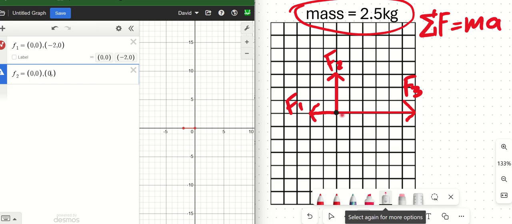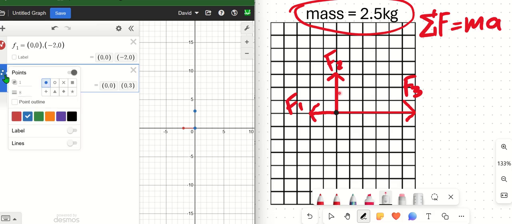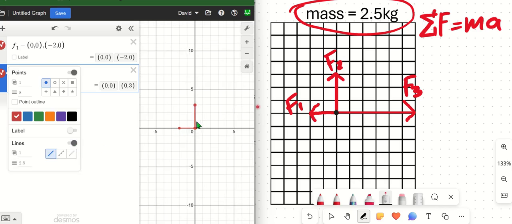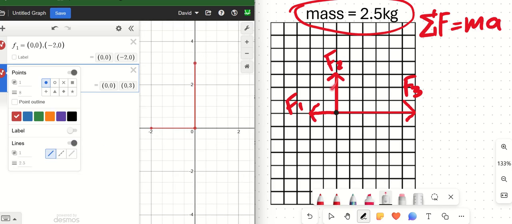And for its y component, we have 1, 2, 3 boxes. It goes up 3 boxes, and that's in the positive direction. So that gives me 0, 3. Again, I'm going to click on the circle, change it to red so it matches my force diagram over here. You don't have to do that. I just like how it looks. Add the line. Okay, now we have our first 2 force vectors.